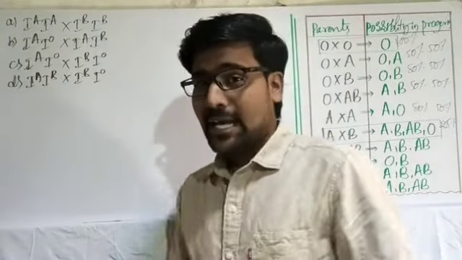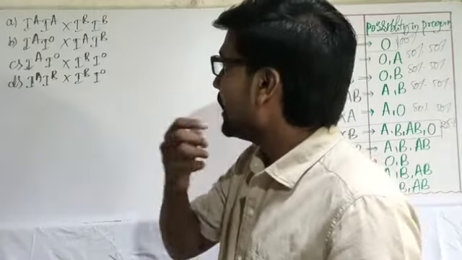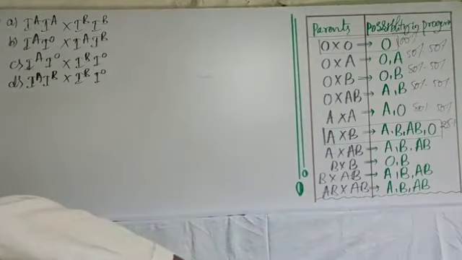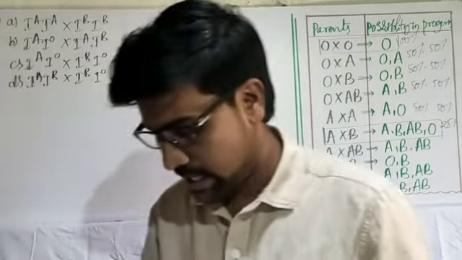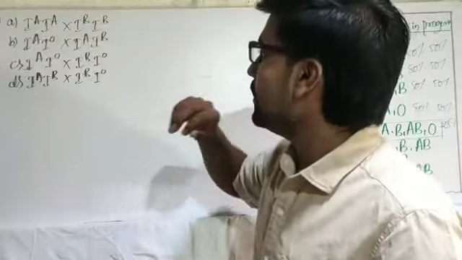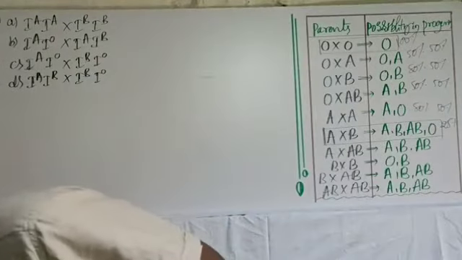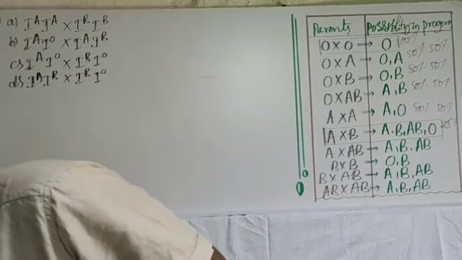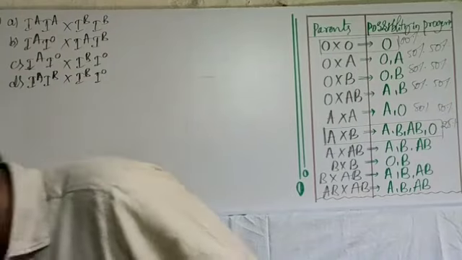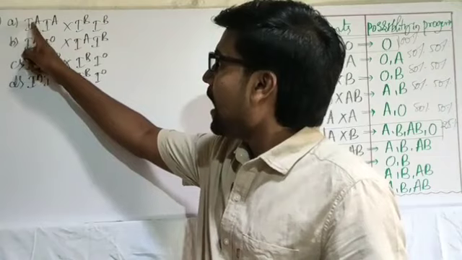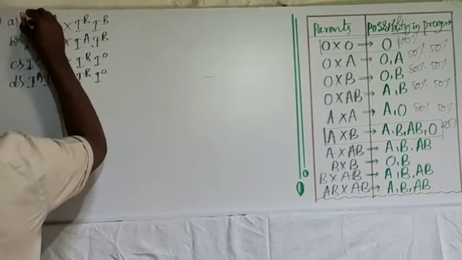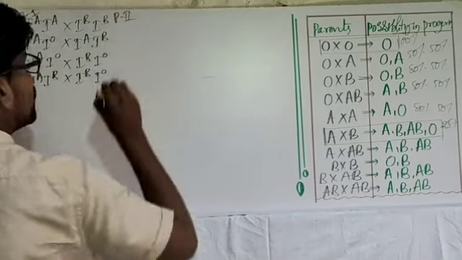Now see here. If you want to observe, let us consider this is parent 1 and this is parent 2.